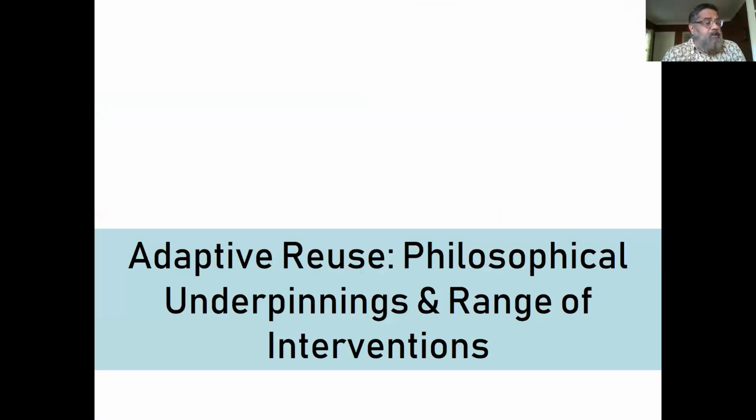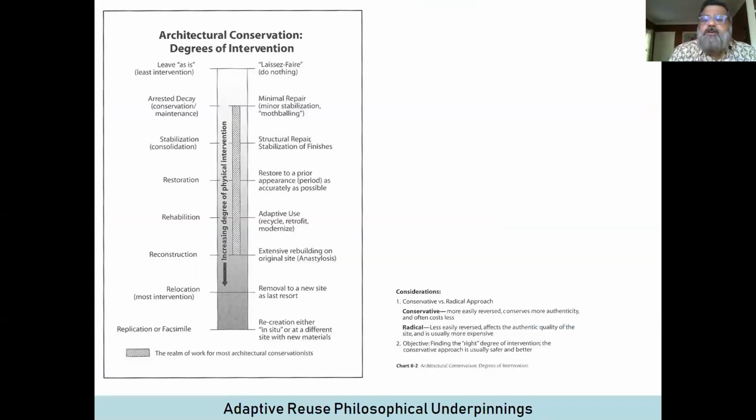So moving on, in the interest of time, I'll briefly talk about the philosophical underpinnings and the range of interventions within the scope of adaptive reuse. The philosophical underpinnings of adaptive reuse can be aligned along the scrape versus anti-scrape discourses that were happening in 19th century Europe, which many of you are already familiar with, right?